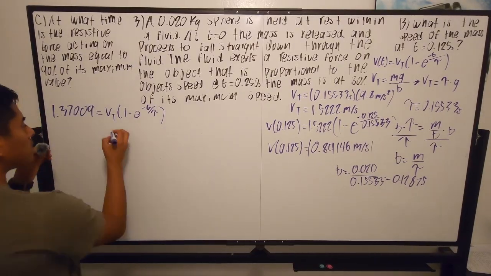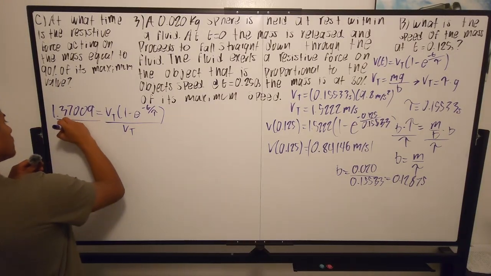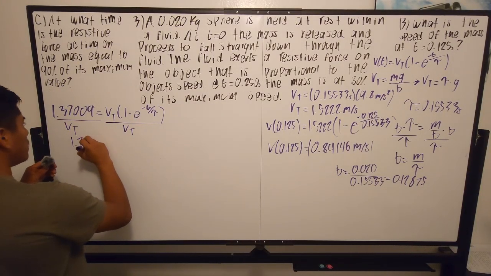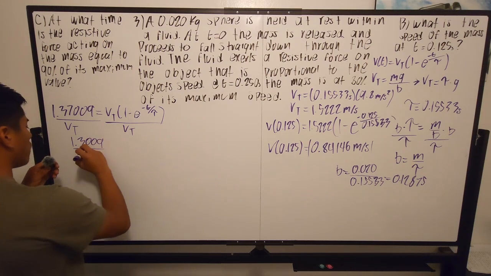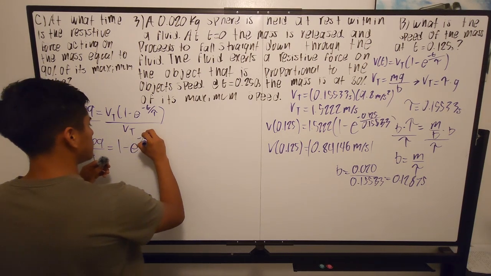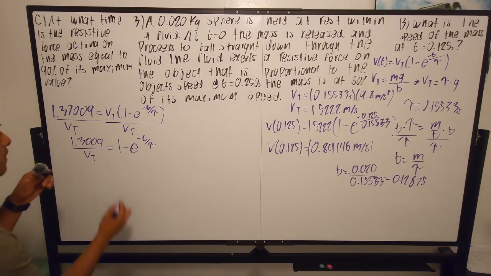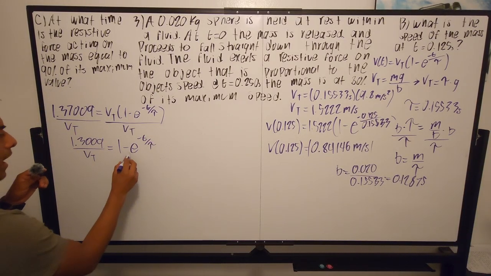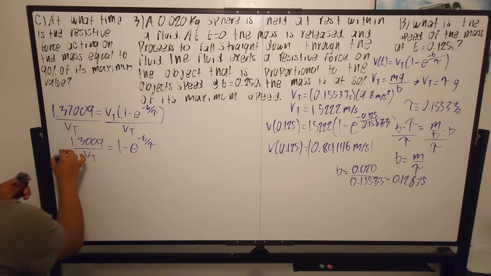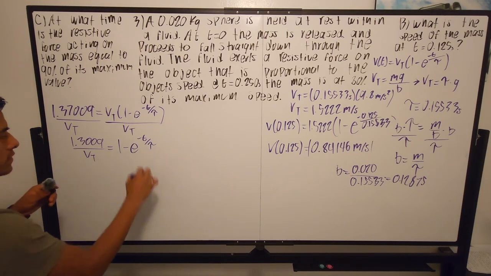The first thing that I'm going to do is divide by vt, the terminal velocity. So now I have 1.37009 over the terminal velocity is equal to 1 minus e to the negative t over tau. And here I'm going to add e to this side and subtract 1.37009 over vt on this side.